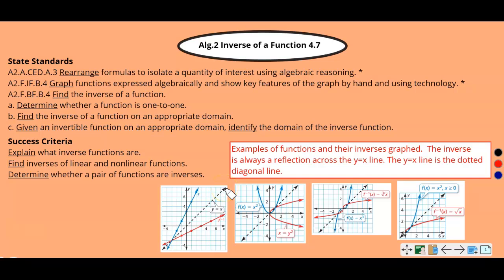So in this first graph, you can see you've got two linear equations. One is the original function and one is the inverse, which is the reflection across y equals x. The second one is a quadratic function, and its inverse is also a reflection across the y equals x line. Then we have a cubic function, and the cube root function is the inverse of that, and you can see how that is a reflection as well.